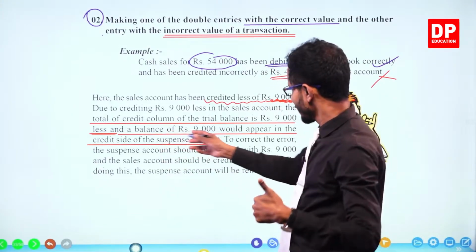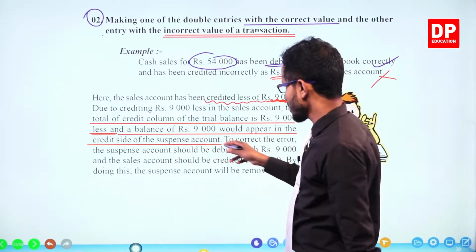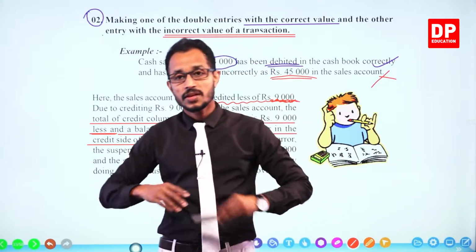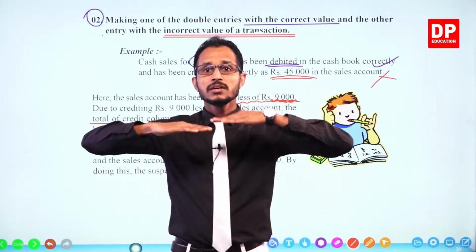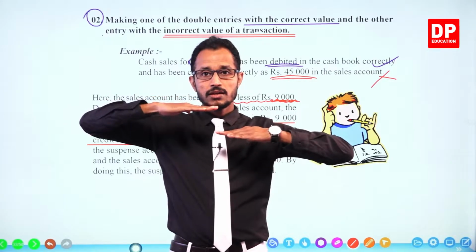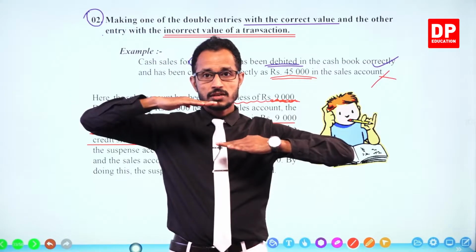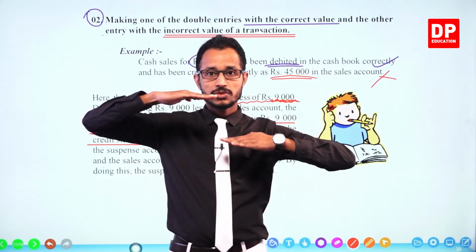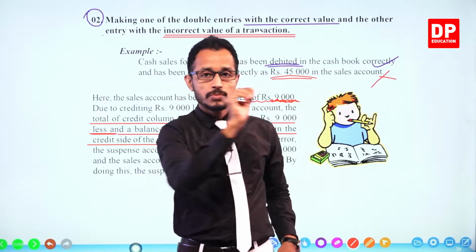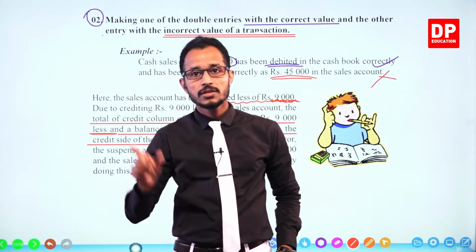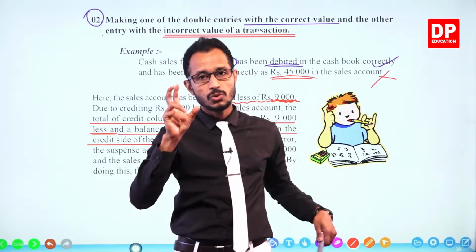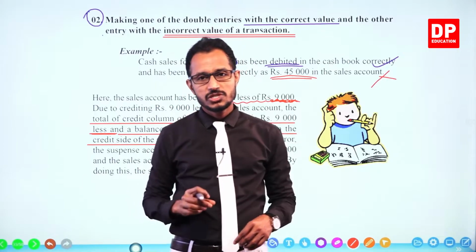Right. It would appear in the suspense account because of that 9,000 shortage that you enter to the trial balance. If the credit side is short, when you enter that shortage to the credit side, you have to mention suspense account and put the value which is short.